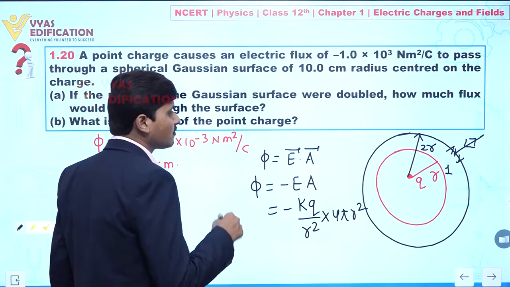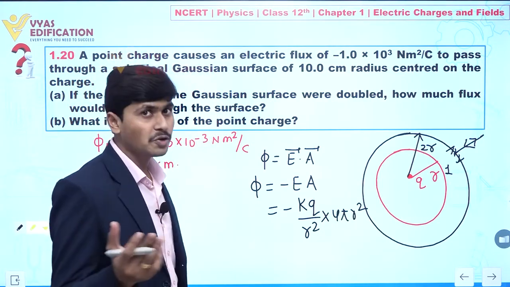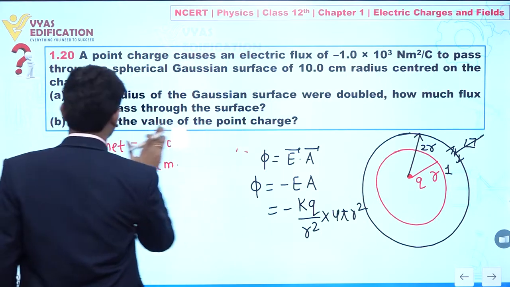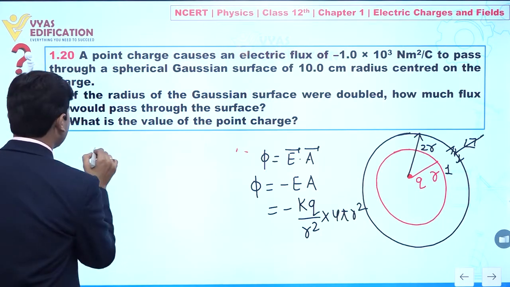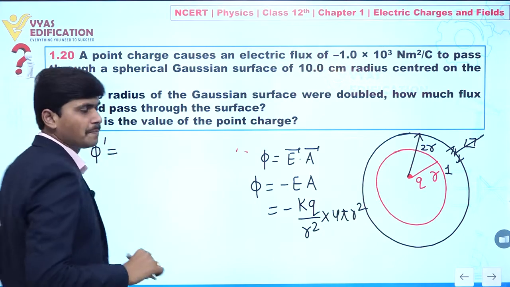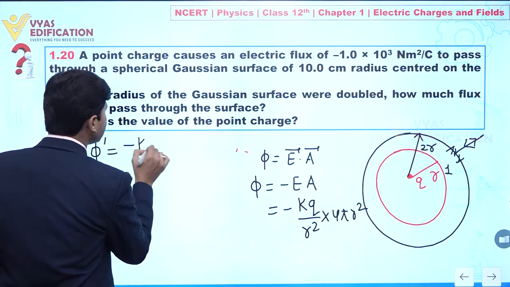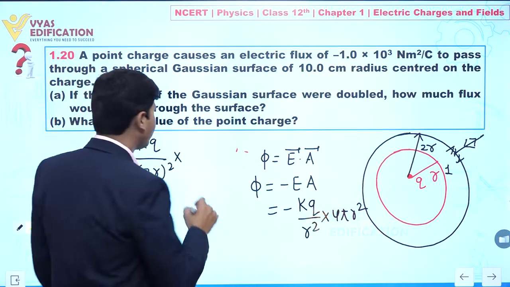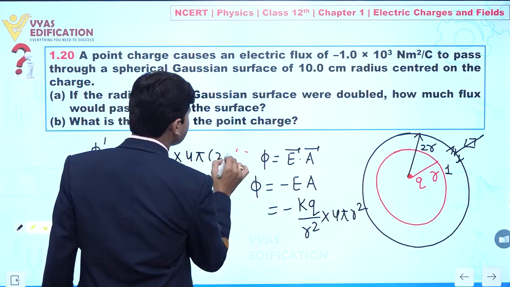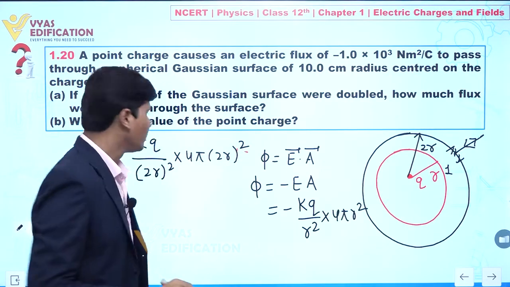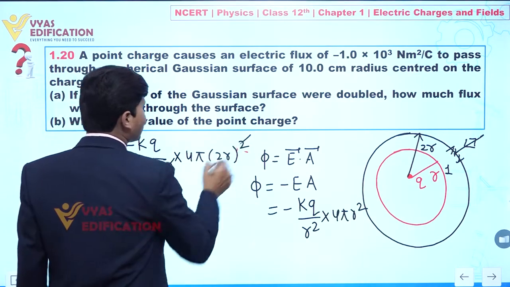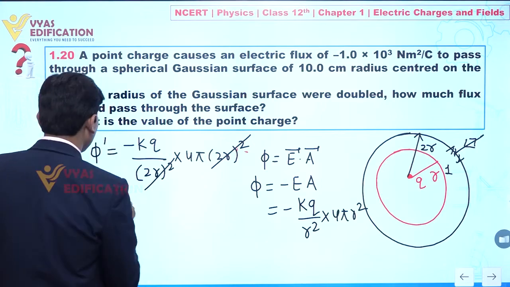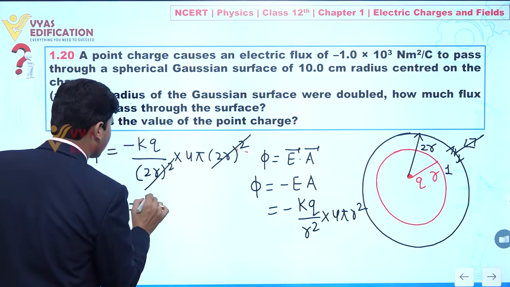When we are talking about Gaussian surface number 2, what will happen? We can write like this. Let's suppose phi dash equals minus kq divided by twice r whole square, multiplied by 4 pi twice r whole square. Clear? We can say twice r square cancels out. It means we are getting phi dash equal to phi.